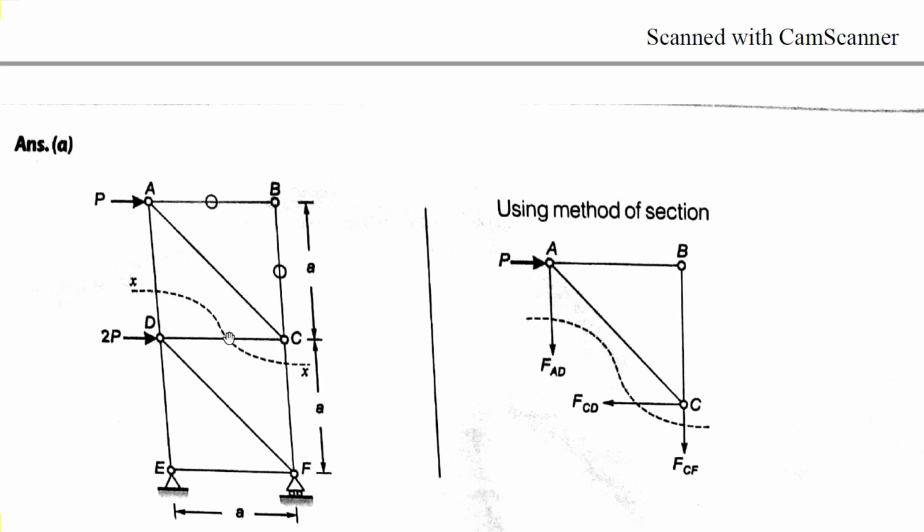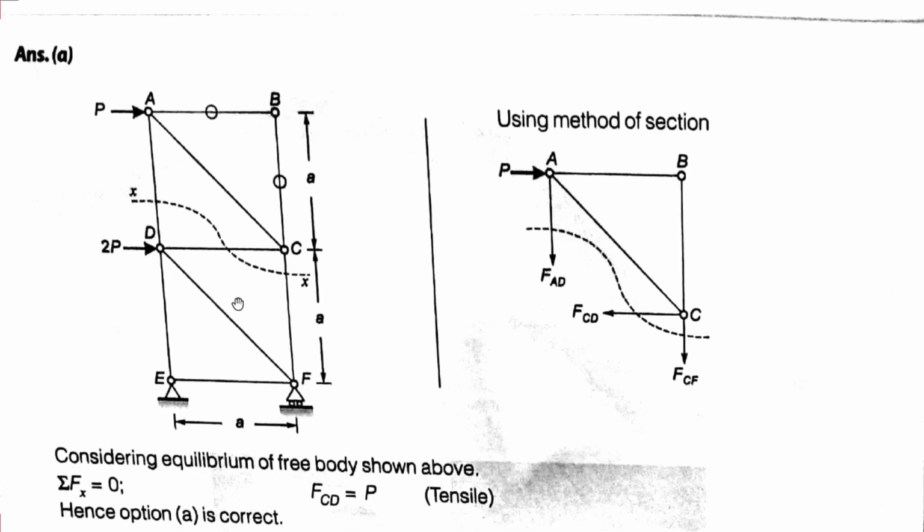This is the way I cut the whole truss, and using the method of section, I consider the free body diagram of the upper part. This is the A joint, this is the load here, this is the B joint, and this is the C joint, and this is FCD here, and this is FAD here.